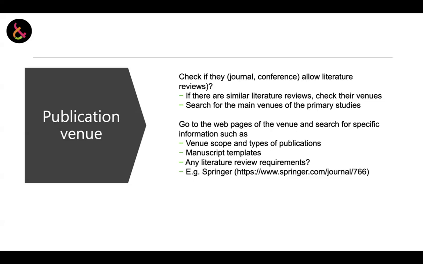Springer, as an example, has lots of these to look at. They have a lot of track series, so you can look into their journals. There are, of course, other journals in your field that you can focus on.